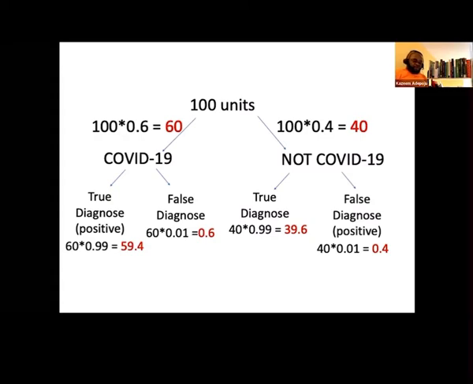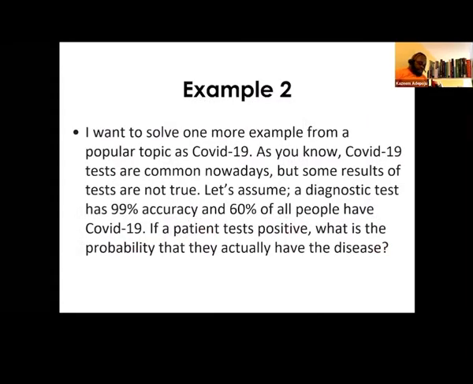You have already been told that 60% of all people have COVID-19 according to this question, and the diagnostic test does not have 100% accuracy. It only has 99%. Take a look at that. Now, if a patient has tested positive, what is the probability that they actually have the disease?